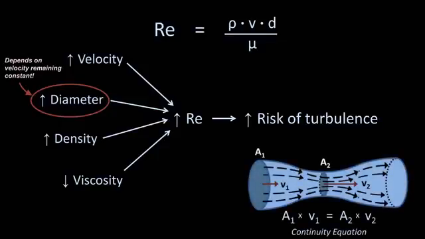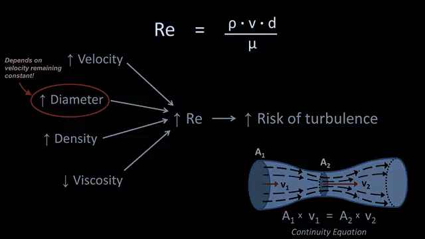This stated that the cross-sectional area of the tube at one location times the velocity of flow at that location equals the cross-sectional area of the tube at a second location times the velocity of flow there. Thus, within the same tube, as the diameter increases, the velocity decreases and vice versa. Furthermore, the degree of velocity change is to the square of the diameter change. As a consequence, within a single tube, if the diameter decreases along its length, the risk of turbulence at that location actually increases.